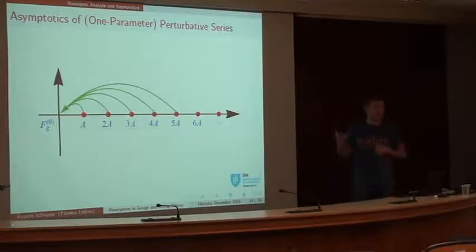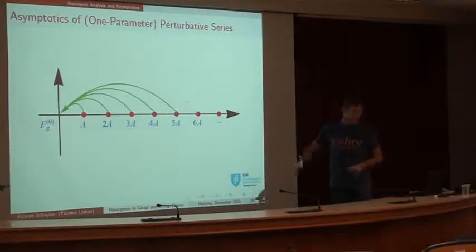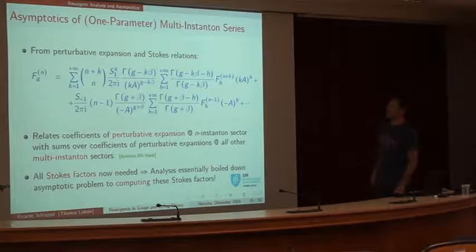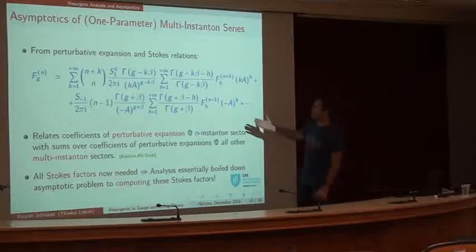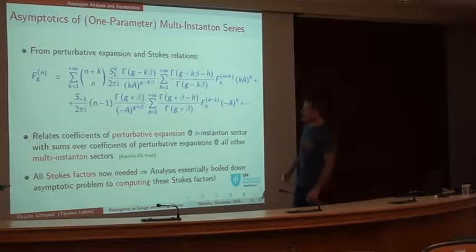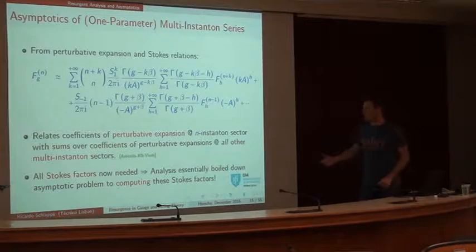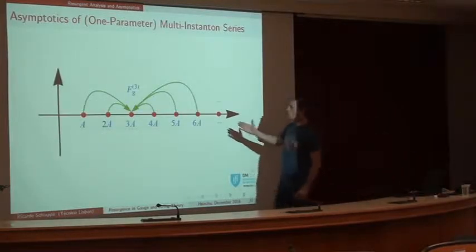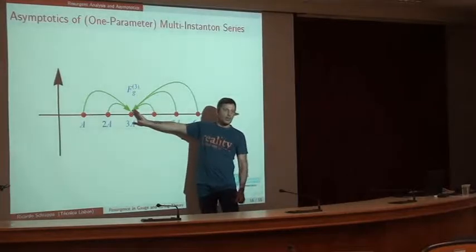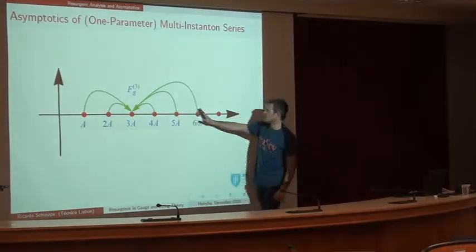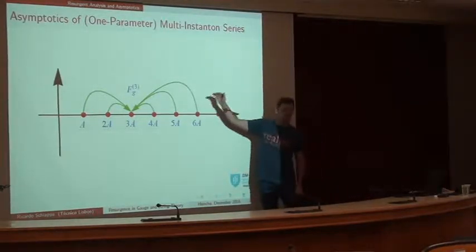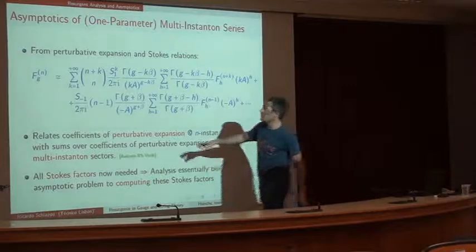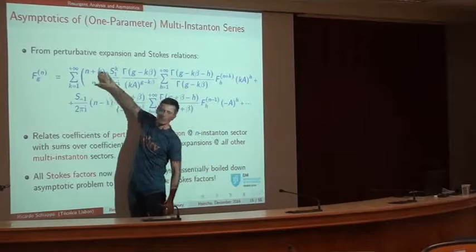These formulae are very general. Not only can we use them for the perturbative series, we can also use them for all instanton sectors. Here's the formula, what it looks like for the nth instanton sector. It's a little bit intricate, perhaps it's not very much worth going through all the details, except to say that pictorially, it looks like the perturbative series, because all the forward guys are contributing basically in the same way. The only difference, if you're paying attention to the formula, is that I have a binomial coefficient in front.